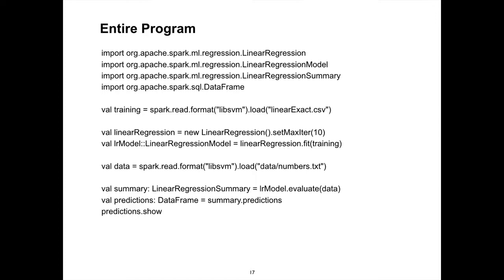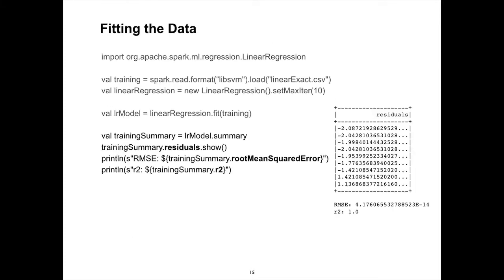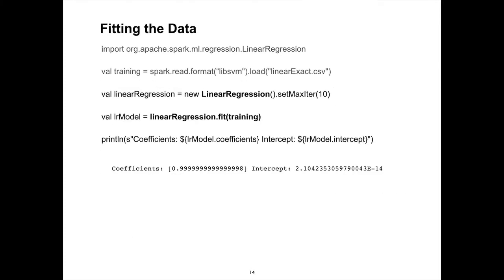And then when you print out the coefficients, you'll get a coefficient per independent variable, right?